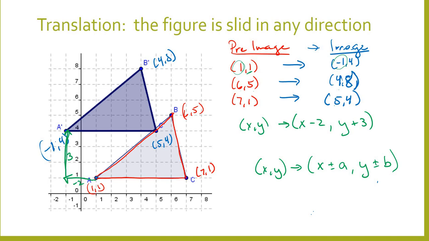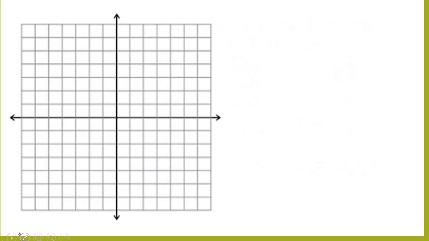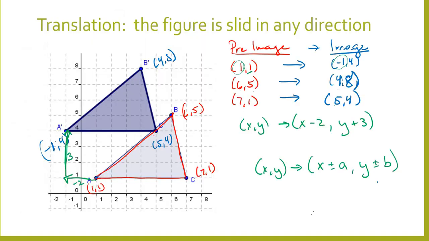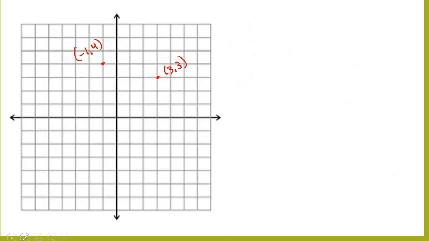Okay, let's try one of these together. So let's put a pre-image up. I'm going to use red again. I'm going to put a pre-image at -1, 4. I'm going to put a dot at 3, 3. Boy, I am having trouble today. I apologize, guys. I'm going to put a dot at 1, 1.